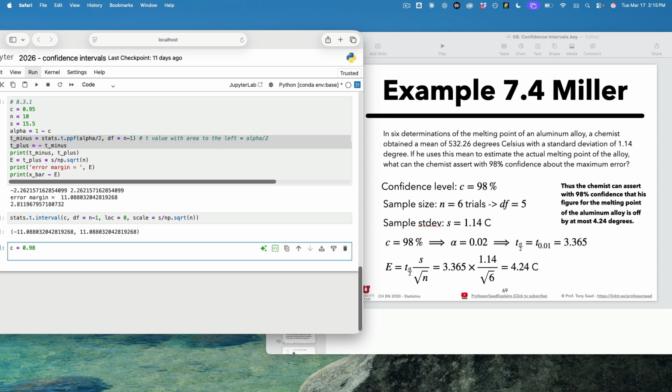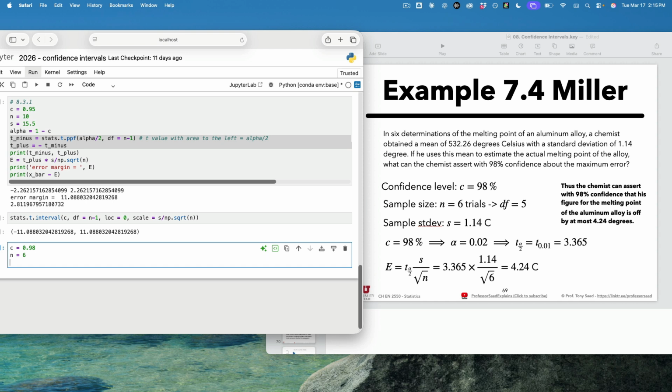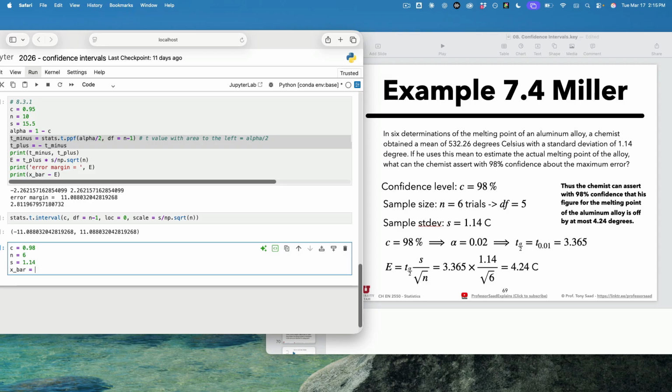All right, so n is equal to 6 trials, right? And then my sample standard deviation is 1.14, so that's not S squared, that's just S. And my X bar is equal to, what is it? 532.